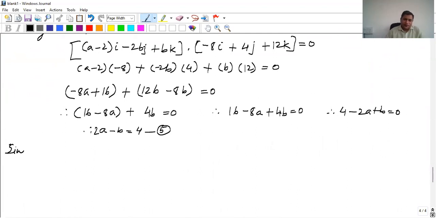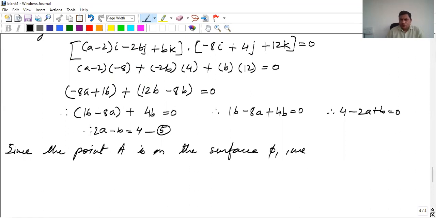So we write, since the point A is on the surface phi 1, we have the equation of this surface: phi 1 is equal to ax square minus byz minus a plus 2x equal to 0.